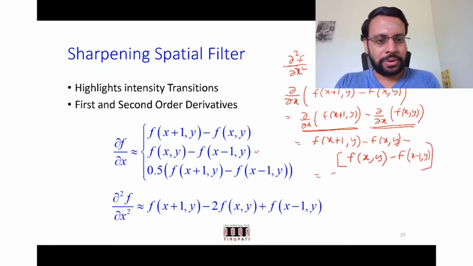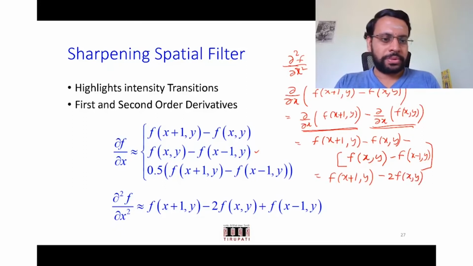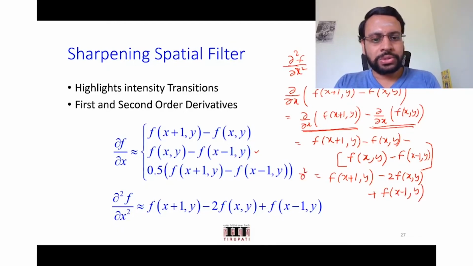So what is this value? f of x plus 1 comma y minus 2 times f of x comma y plus f of x minus 1 comma y. This is my dou square f by dou x square.